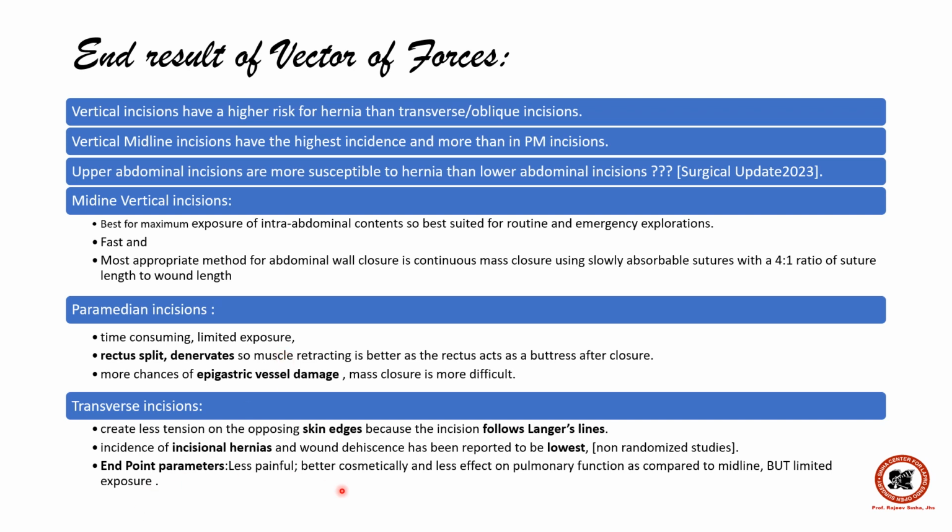The transverse incision gives the best result as far as incisional hernia is concerned, but the downside is that the exposure is minimal among these three incisions, the midline, the paramedian, and the transverse.